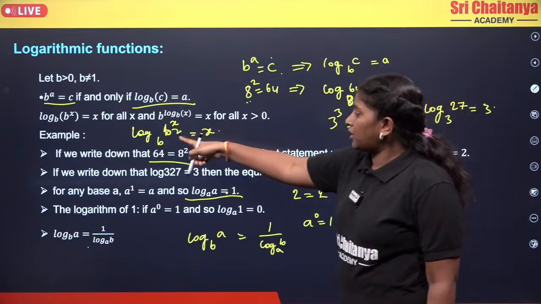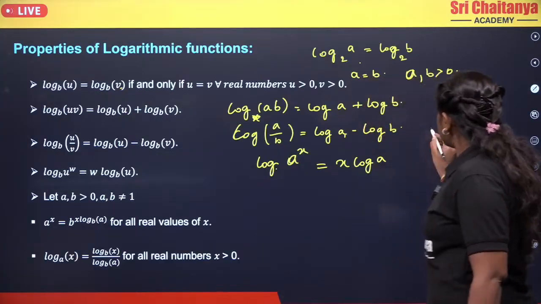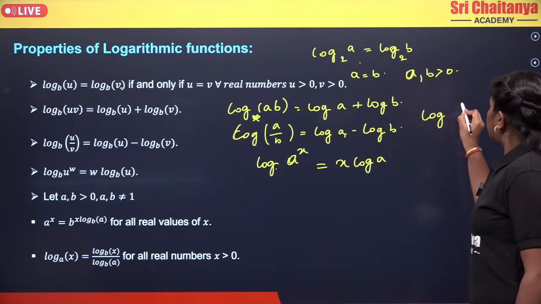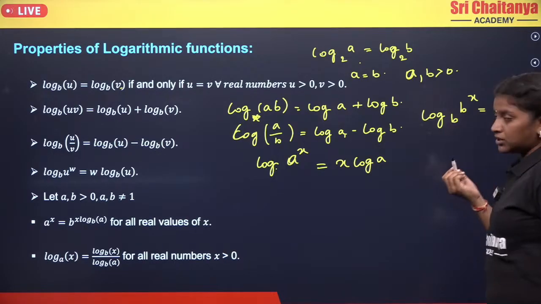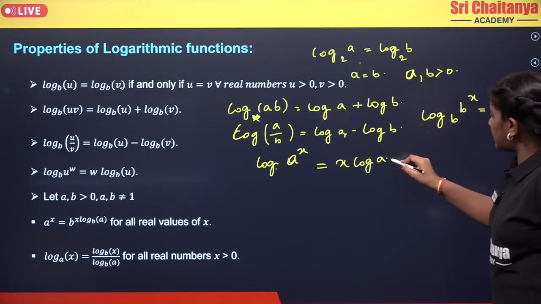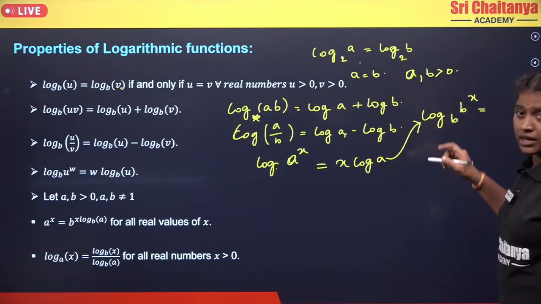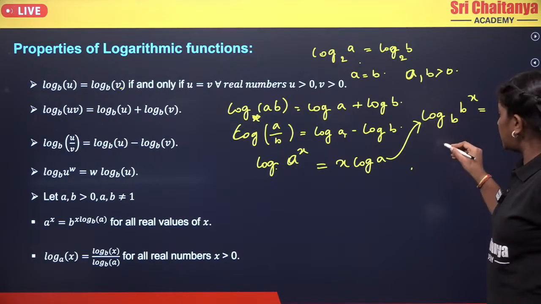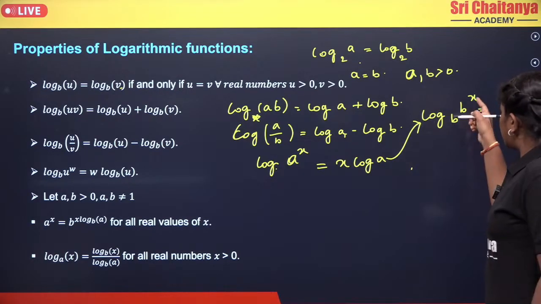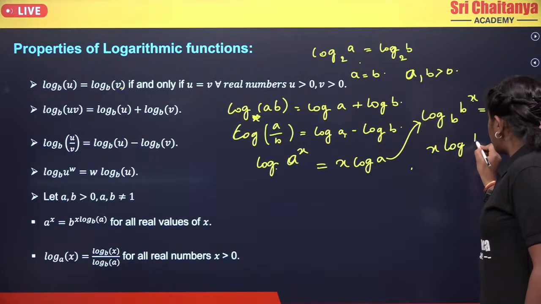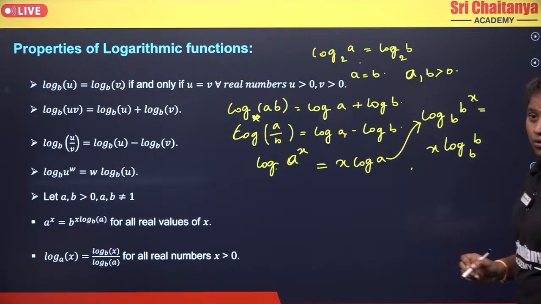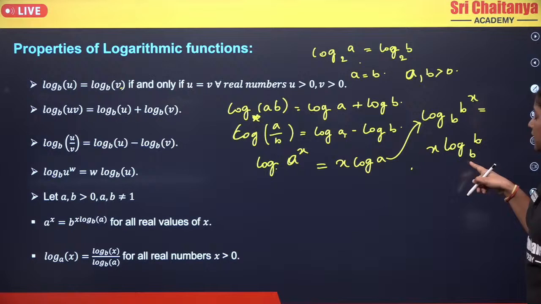Now coming to here, I told you one thing, log of b to the power x to the base b will give you what? If we apply the same formula here, log a power x, then it becomes x log b to the base b. Now coming to here, log b to the base b.